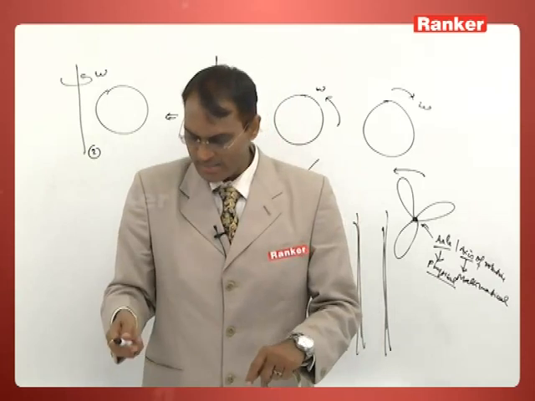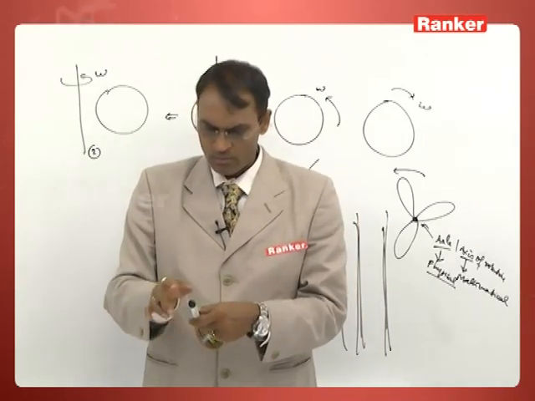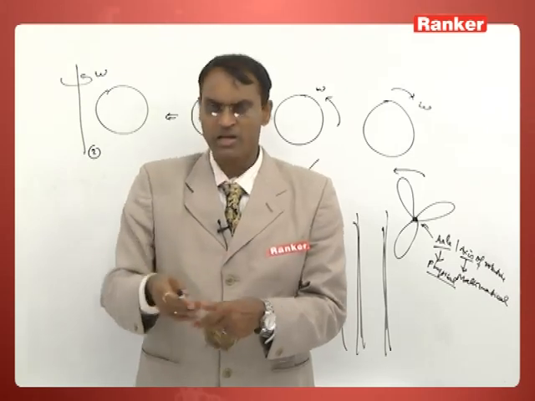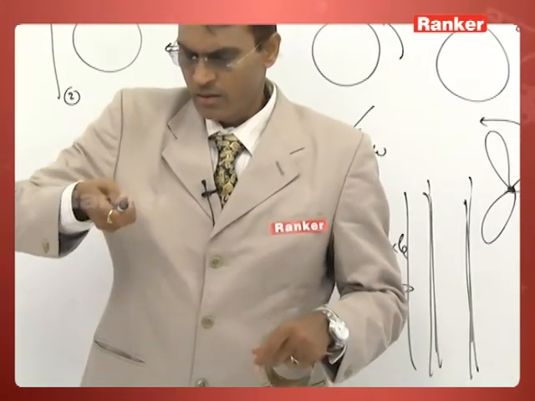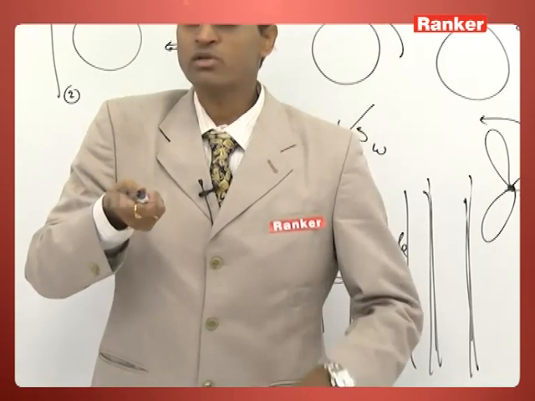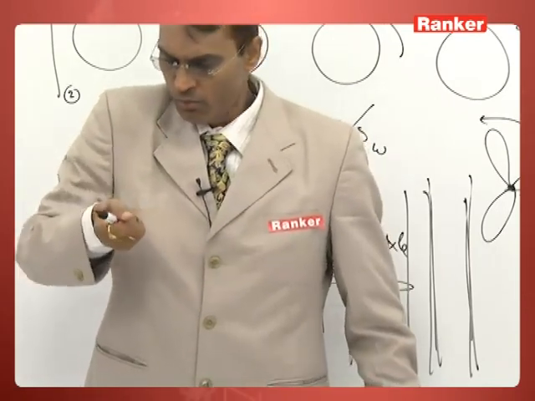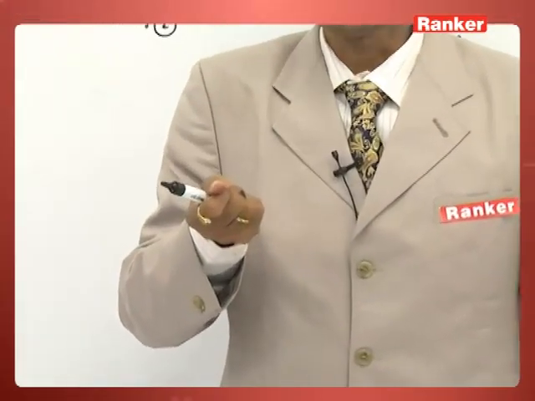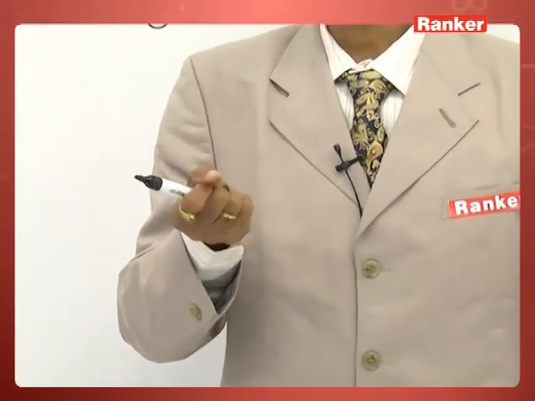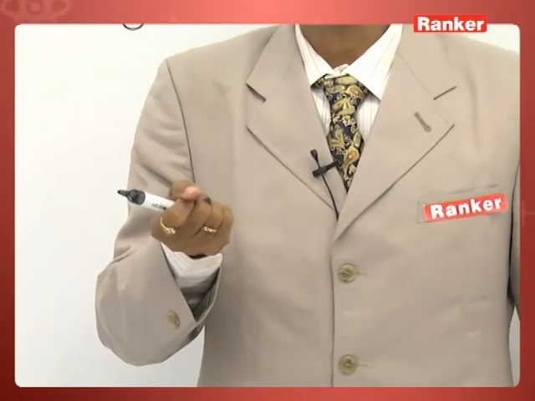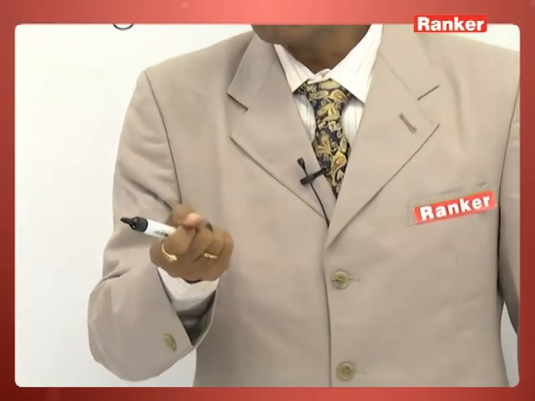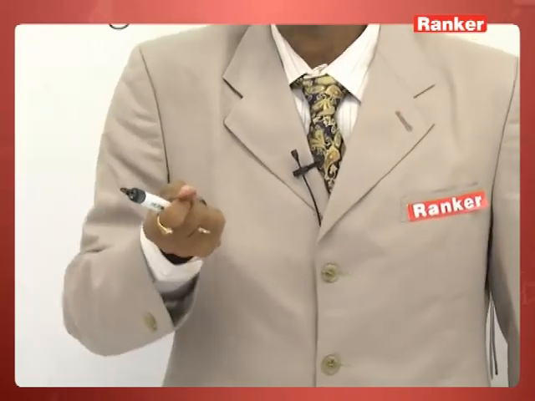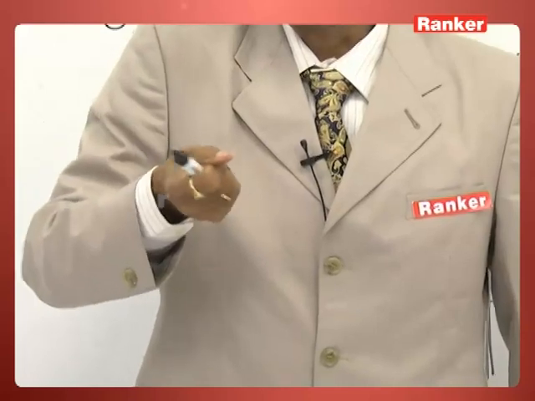But the moment you change it, even though the fan or the disc or whatever it may be, just like a flywheel, rotates with the same angular speed, if you keep on changing the axle, the omega vector changes because the direction portion of the omega vector will change. When the direction or magnitude or both of a vector change, we can say that the vector is changing.